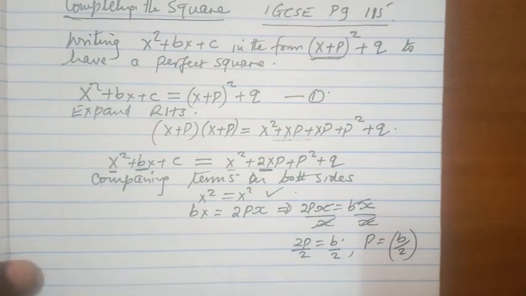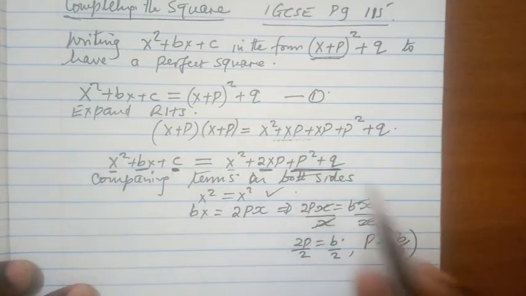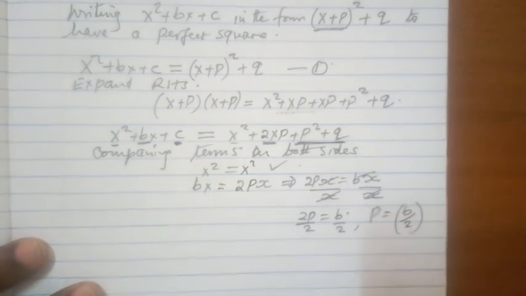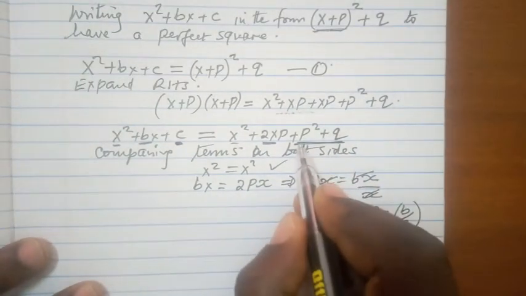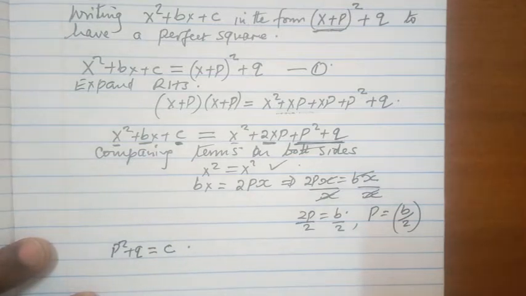If you look at the constant, c is equal to all of these constants, so if we extend further, we have p squared plus q is equal to c. But we know p is equal to b over 2.